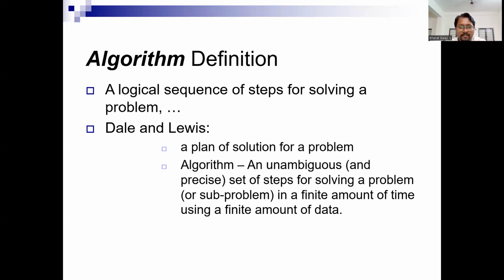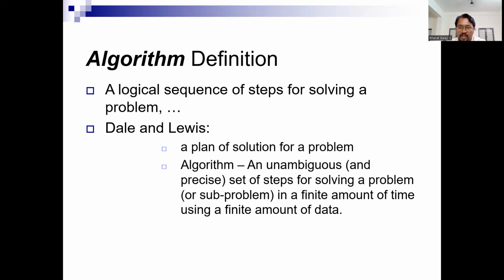And technically, an algorithm is an unambiguous and precise set of steps for solving a problem in a finite amount of time using a finite amount of data. Unambiguous means without any confusion, a straightforward direct solution without any complications or complex instructions.